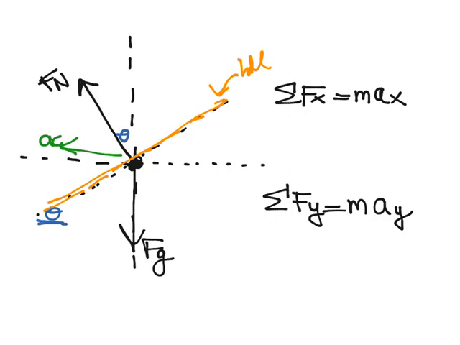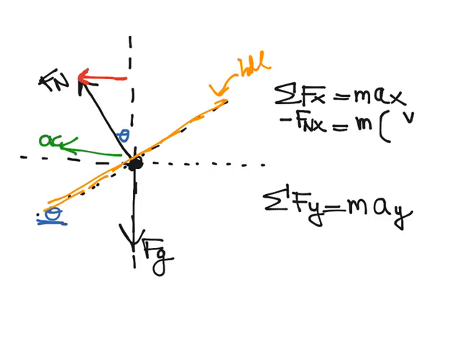In this situation, we only have one force acting in the x direction, and that is Fnx. Fnx is pointing in the same direction as AC, and in this picture it's to the left, so it's negative. We have minus Fnx equals minus Ax.